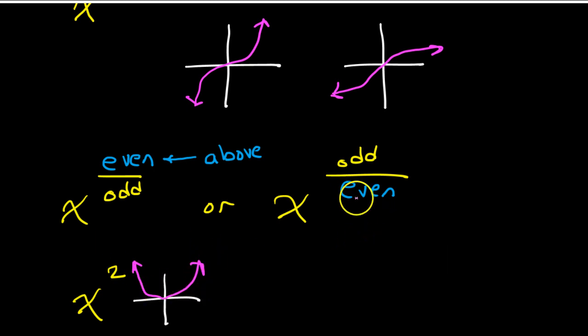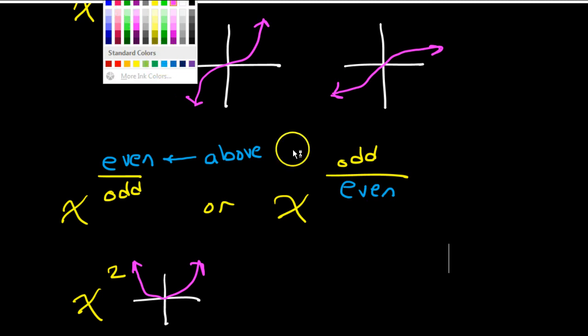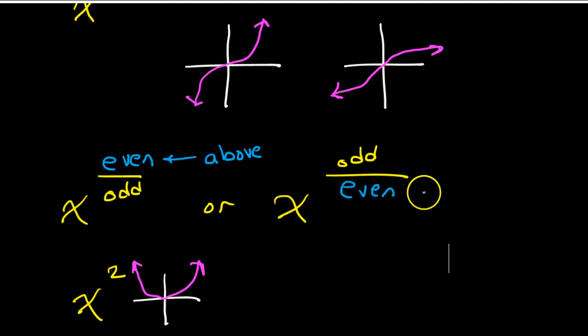Now, on the other hand, when you have an even number in the denominator of this fraction, that causes a different type of limitation. This causes the function to stay to the right of the y-axis. All right? And the reason for that can be seen if we use the example of x to the 1/2 power.